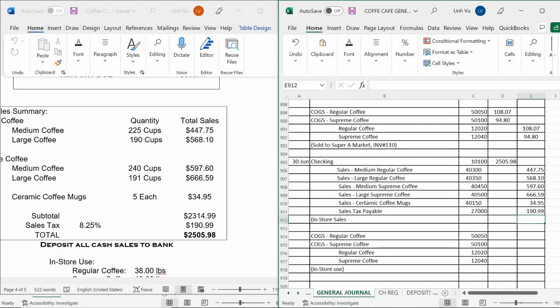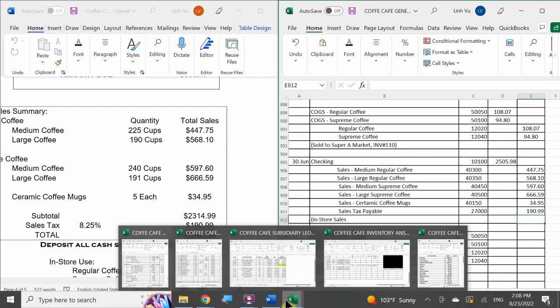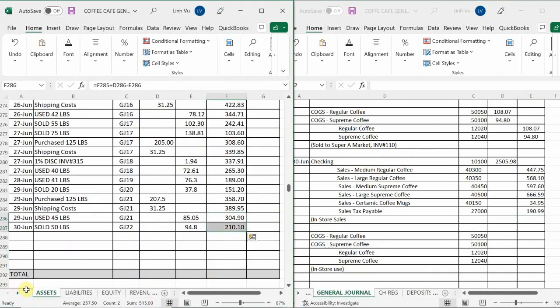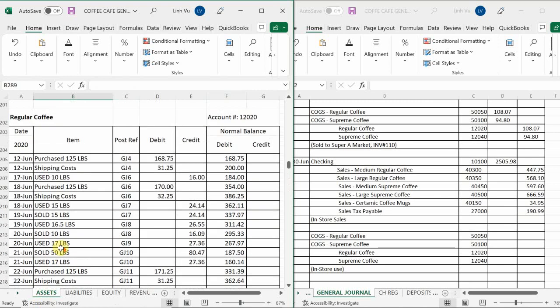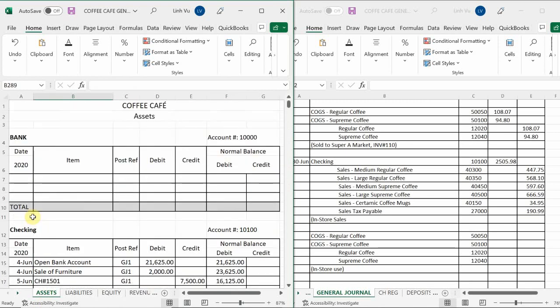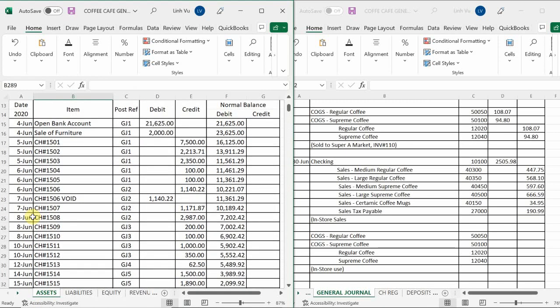So ledger. So we go to asset to update the checking deposit.